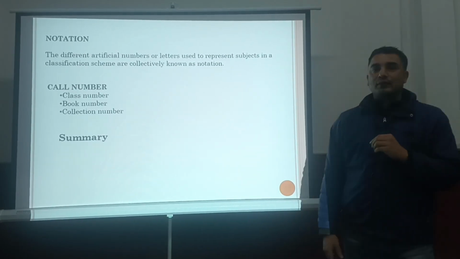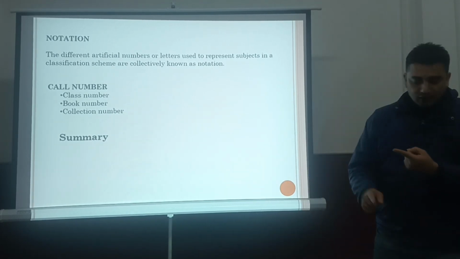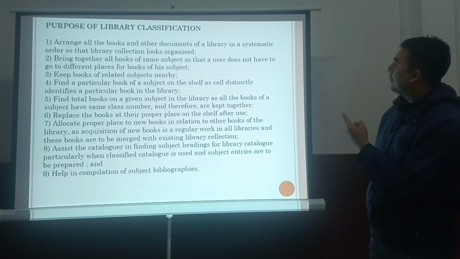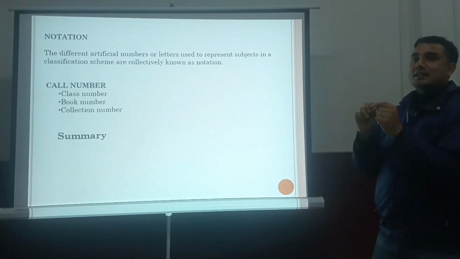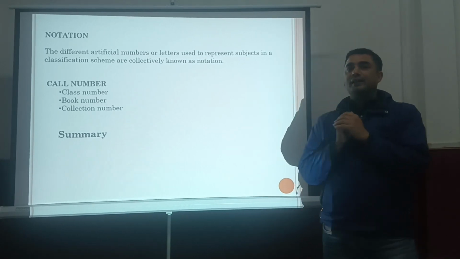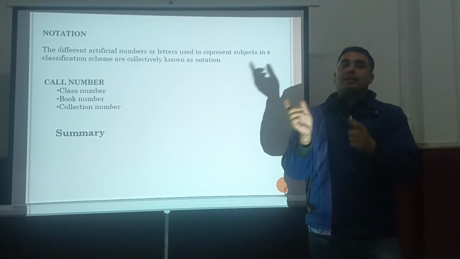Then we have to understand what notation is. Just now I showed you in my previous number 4, that is the call number. When we assign something to a particular book according to a systematic order, it is called a call number.